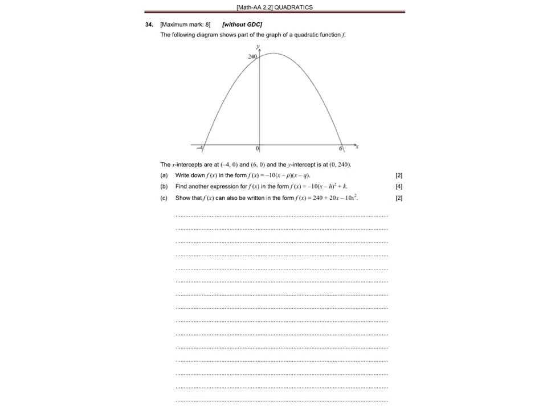So we have this, the x-intercepts are that, and the y-intercept is that. Okay, so write down f of x in that form. a, they kindly give us, is negative 10. So we'll have x plus 4, x minus 6, and find another expression.